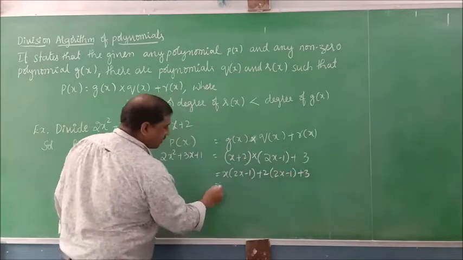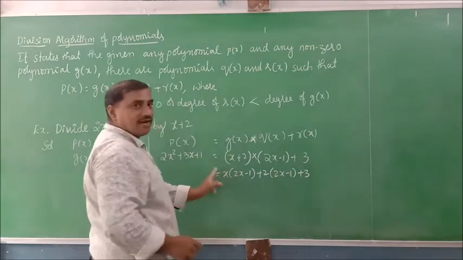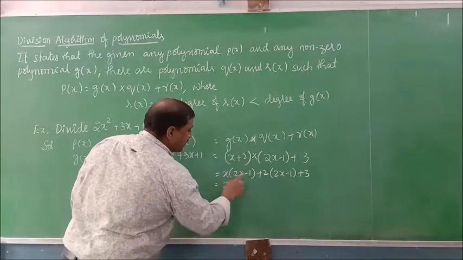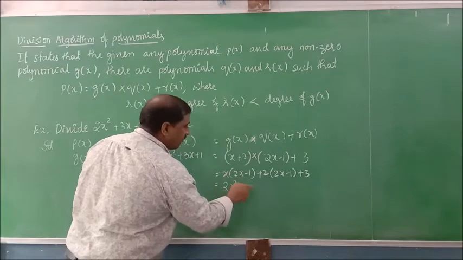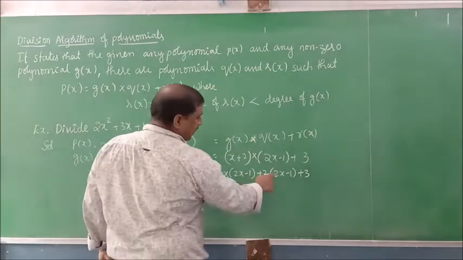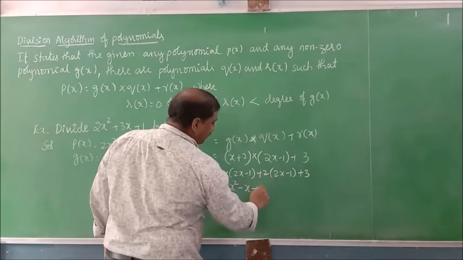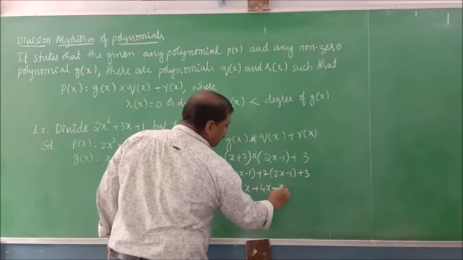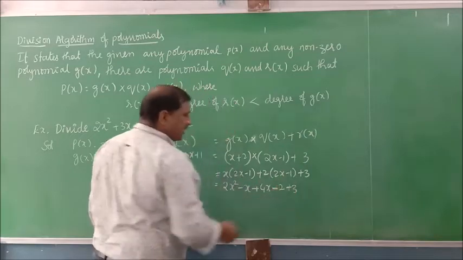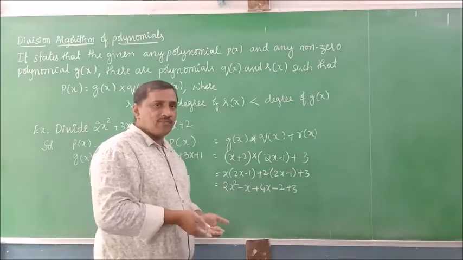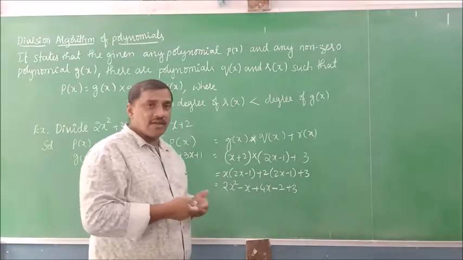So multiply as usual: x into 2x is 2x square, plus into minus is minus, x into 1 is x, that is minus x, plus into plus is plus, 2 into 2x is 4x, plus into minus is minus, 2 into 1 is 2, plus 3. Any like terms you add, and any unlike terms you keep as they are.